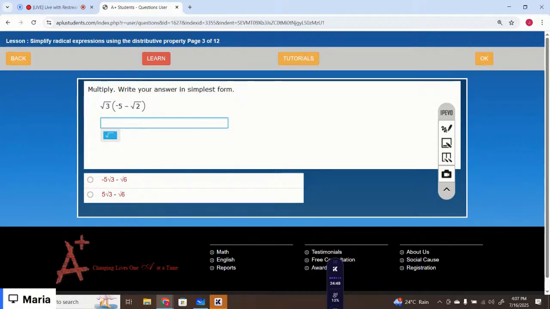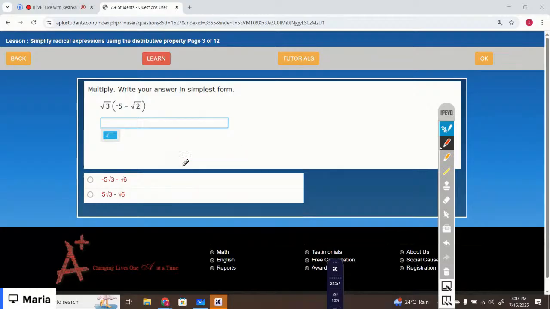Multiply, write the answer in simplest form. That is negative 5 square root 3 minus square root 3 times 2.